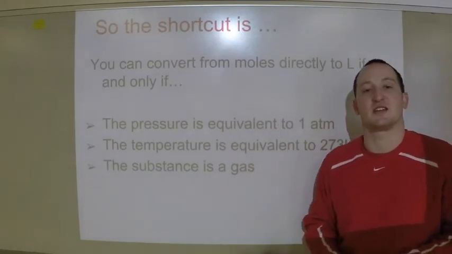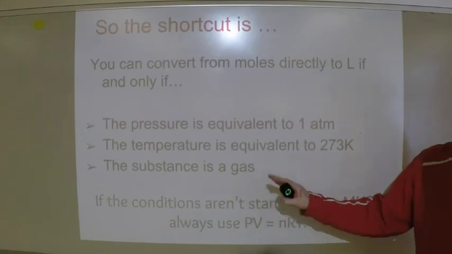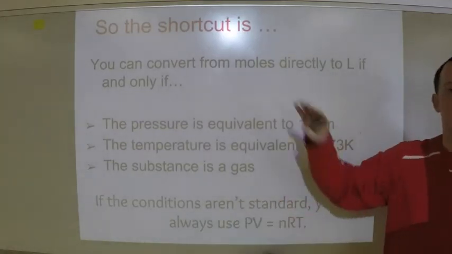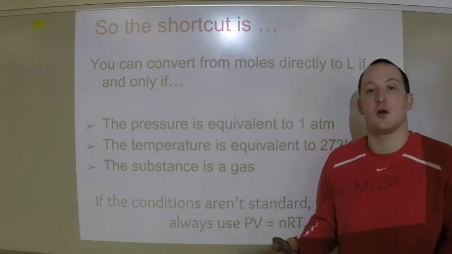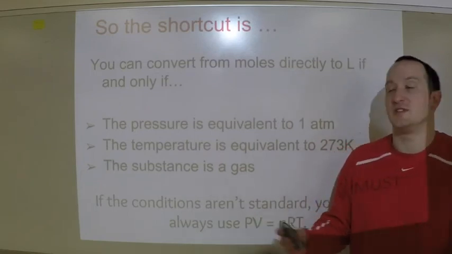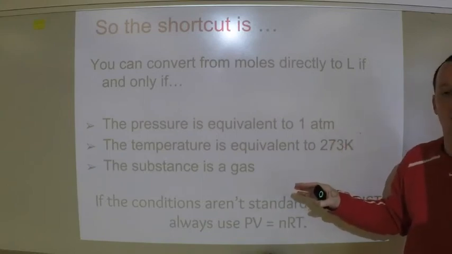The substance has got to be a gas in order to use that conversion. If your conditions aren't that, like these previous 2 problems we did, where our temperature and pressure were not at these values, well, that's okay. We can still work around it.